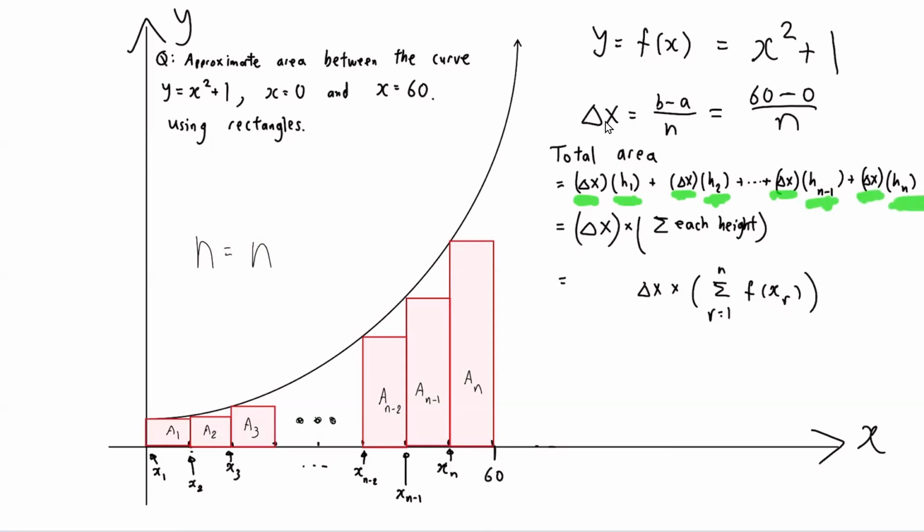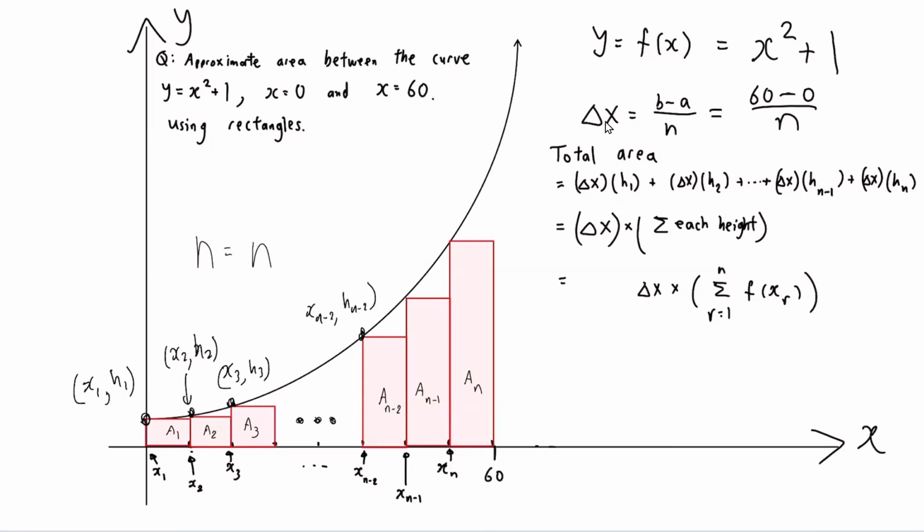Okay? Like maybe if I label the coordinates here, it will be x1, comma h1. Here it will be x2, comma h2. Here it will be x3, comma h3, so on and so forth until you get xn minus 2, hn minus 2. Here it will be xn minus 1, hn minus 1. And finally, we have xn, comma hn.